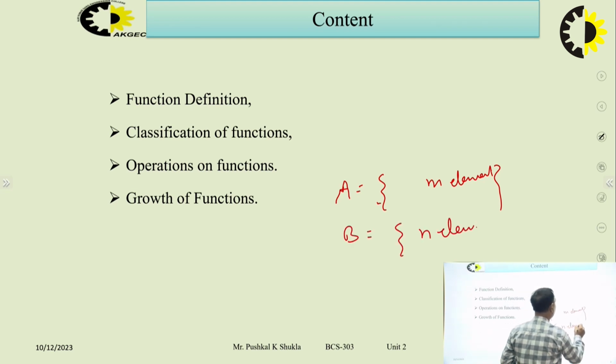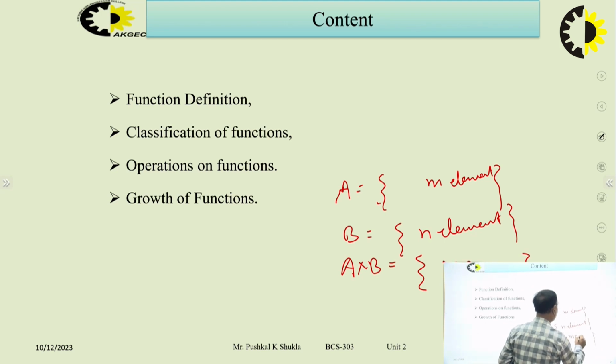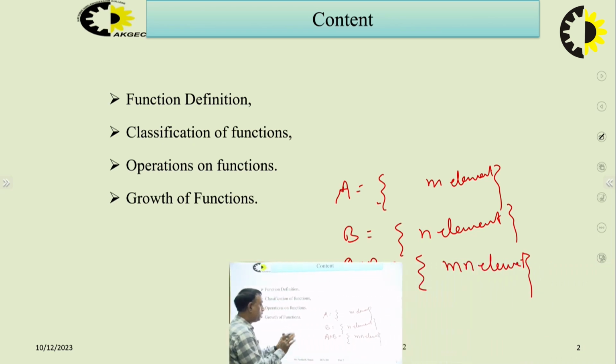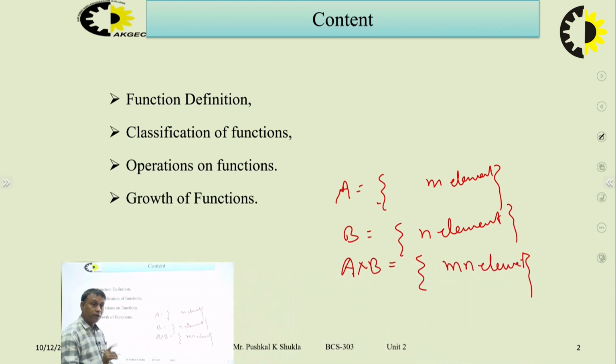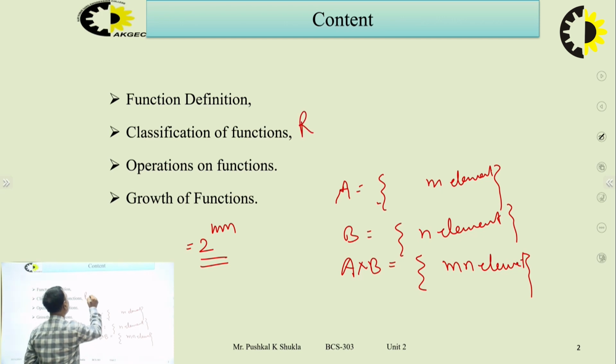Then the Cartesian product A × B has mn elements, and they are ordered pairs. So, the total number of relations will be 2^mn. It is a subset of A Cartesian product B. So, R is a subset of A Cartesian product B.